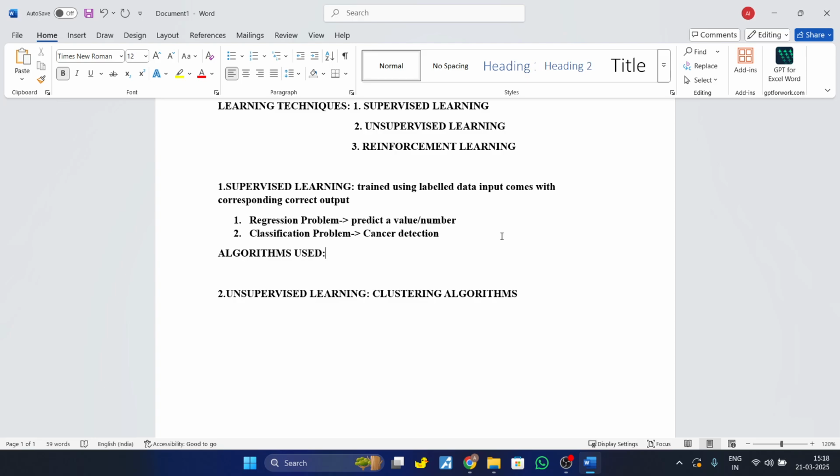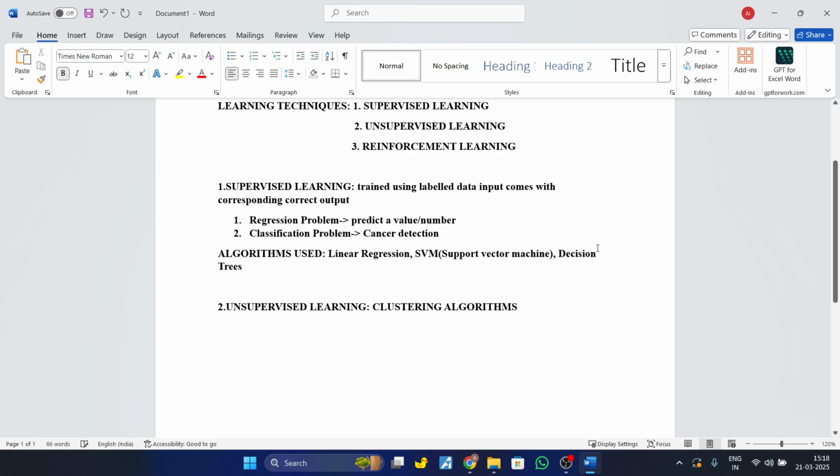So basically, you're going to use linear regression, SVM, that is support vector machine, and decision trees, which also come under supervised learning, right? These are some of the algorithms that we'll be making use of.